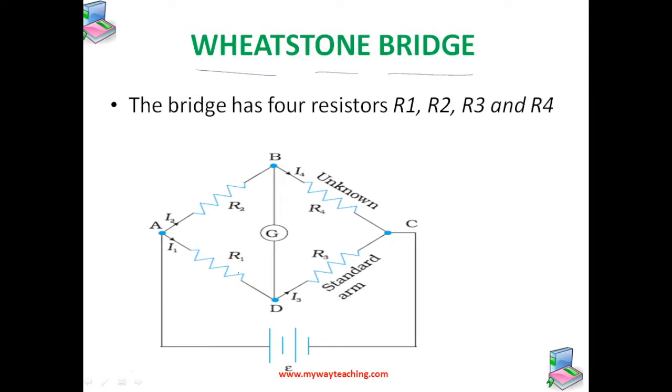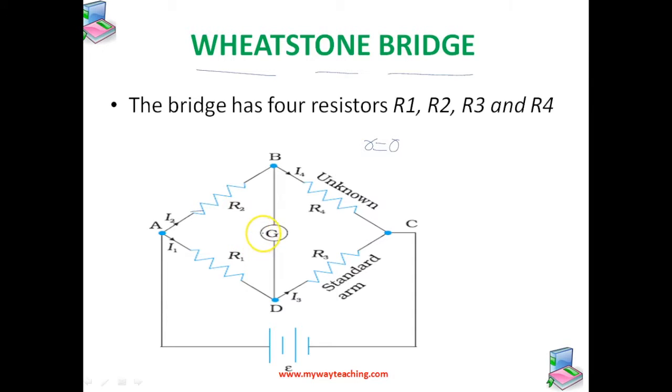So for simplicity, let us assume that the cell has no internal resistance, which means we'll consider r equal to 0. In general, there will be currents flowing across all the resistors as well as current Ig through this galvanometer G. Of special interest is the case of a balanced bridge, where the resistors are such that Ig is equal to 0.